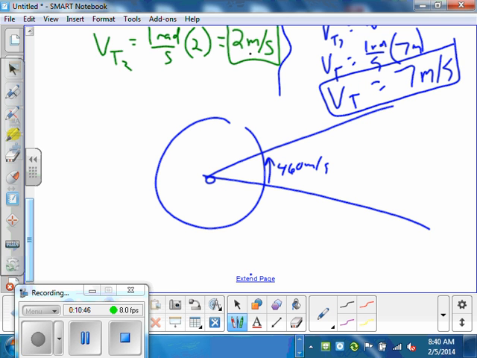I think we could do this a different way too. Is the space station or the space hotel going to have to go faster or slower to maintain that same angular velocity? Faster. Okay, so does that make sense? Any questions about that?